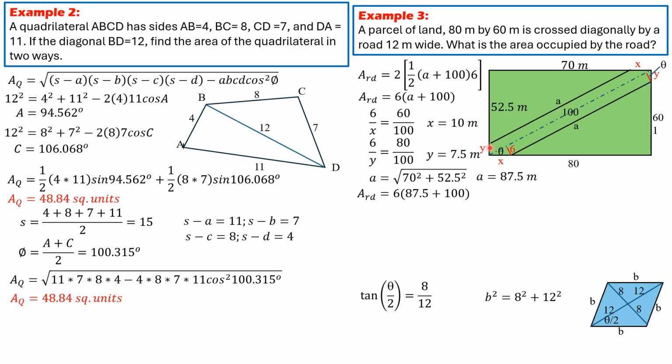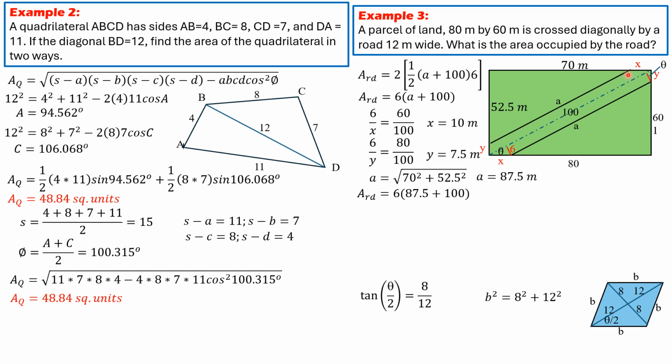So we form two trapezoids, and the height of the trapezoid, or the distance between the center line of the road and this boundary here, is 6, which is half of 12 meters. And we have identical trapezoids, so we just double the area of the trapezoid: 2 times 1 half, call that A, so A plus 100 times 6.